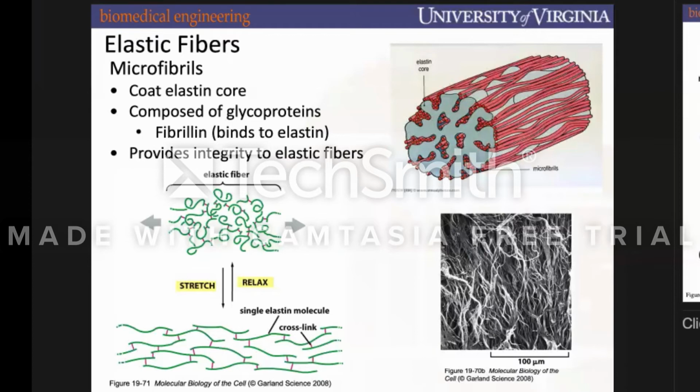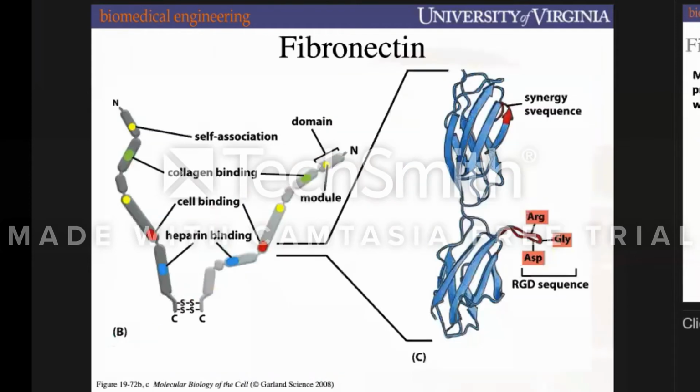So the last ECM protein is fibronectin. What's important to know is that fibronectin does not provide very much mechanical integrity to our ECM, but it is incredibly important as a signaling hub, a biological hub for the ECM.